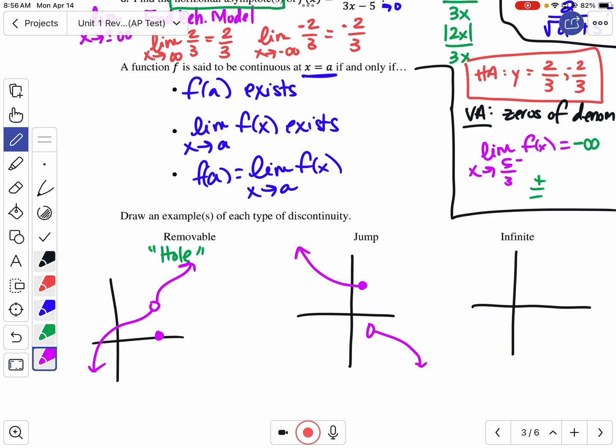And then an infinite discontinuity. That's a vertical asymptote. So my picture could look different on each side of the asymptote. It could approach the same direction or different directions, but they will go up or down.